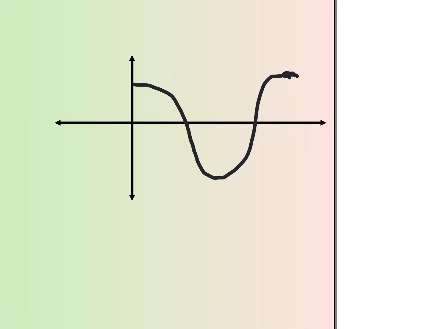There's the high spot, there's the high spot. That'd be 2 pi. All right, clean it up, and before you change anything, keep it the parent function.